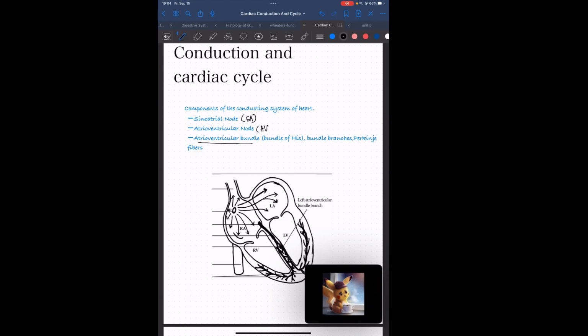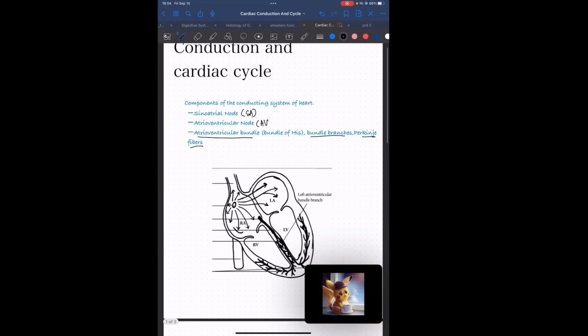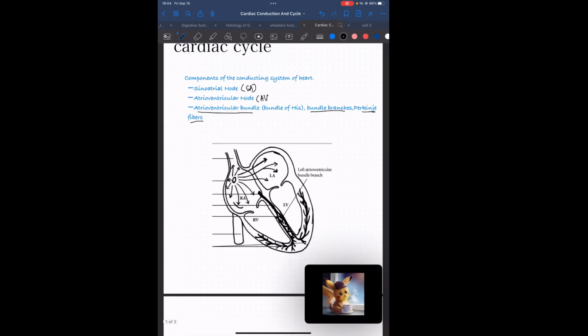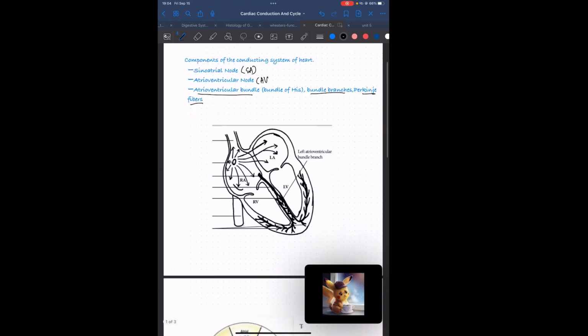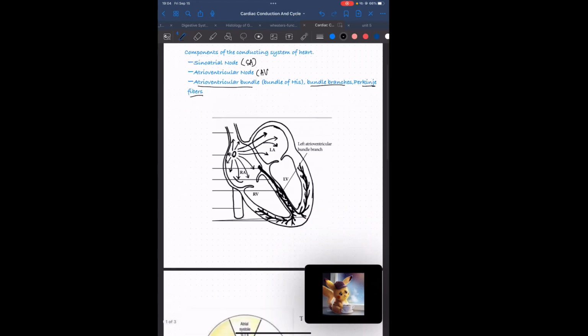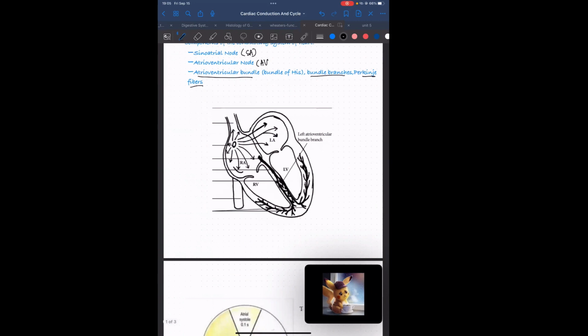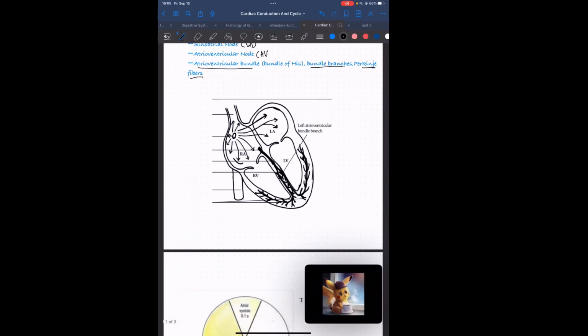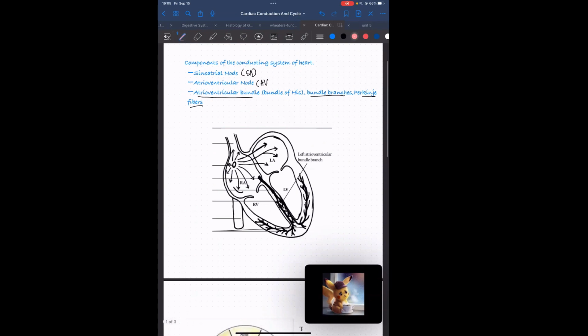For this cardiac conduction system, I used the diagram in your book and the resource book. Please depend only on the resource book for the theory. So this is the diagram in your book. I'll explain step by step like a story so that you might remember.